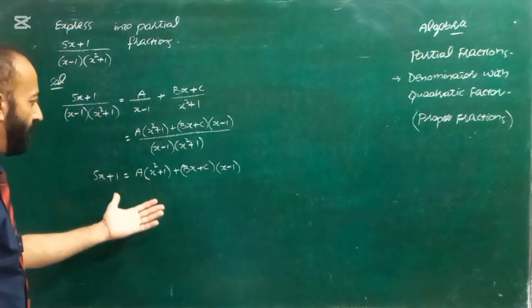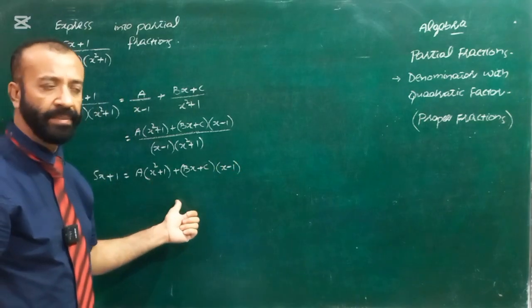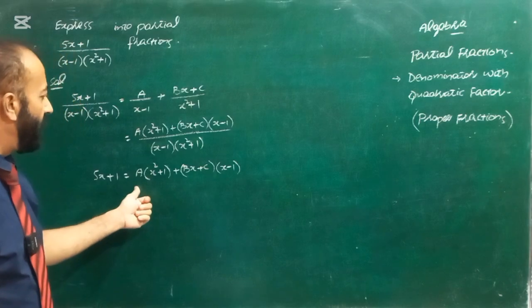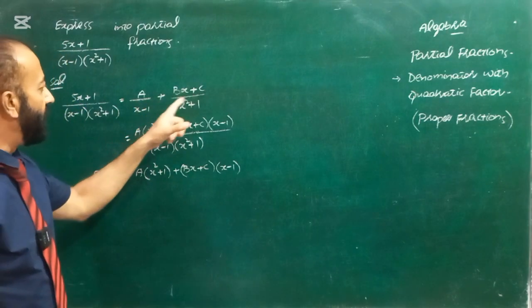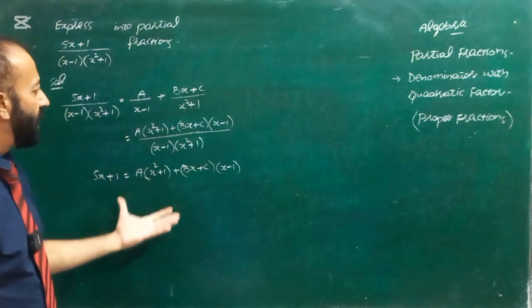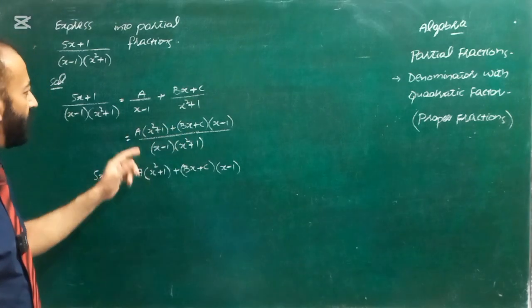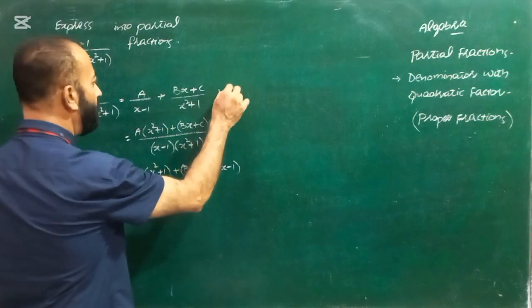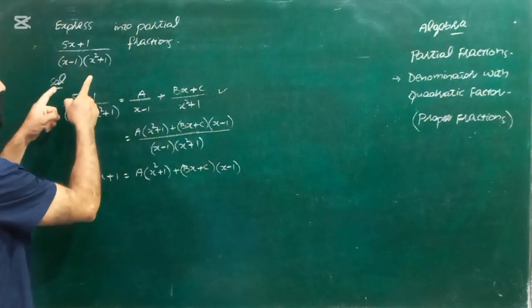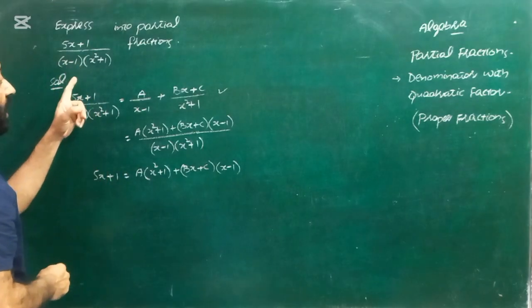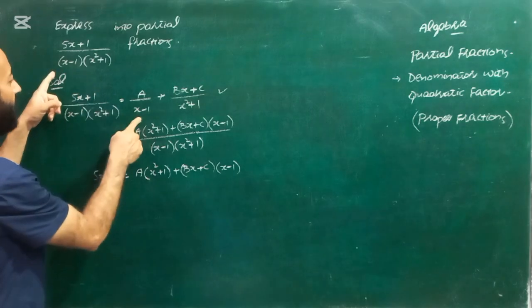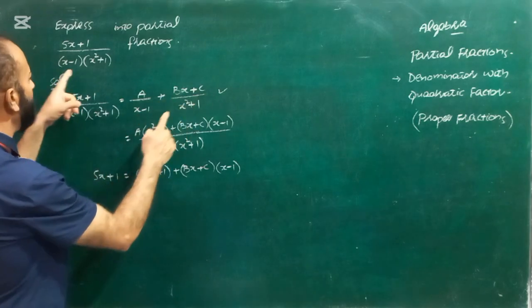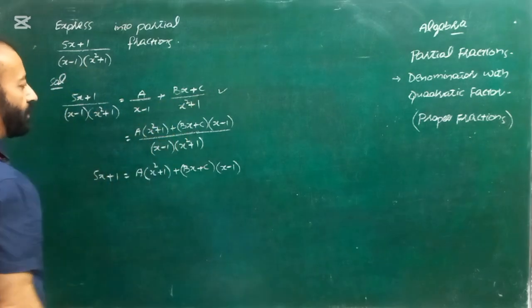So rest of the question will be same now, comparing, and then you will find the values of a, b and c, and then these values will be replaced here. So rest of the method is very same. So this was actually the original step. So whenever a proper fraction comes and in the denominator a quadratic denominator comes, the method is a over linear factor plus bx plus c over quadratic factor.